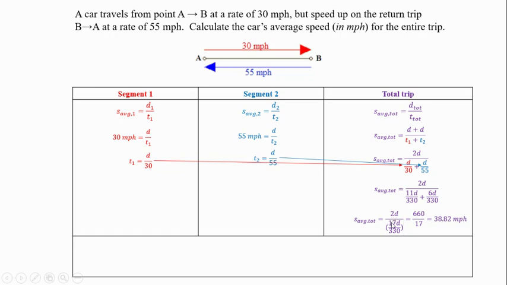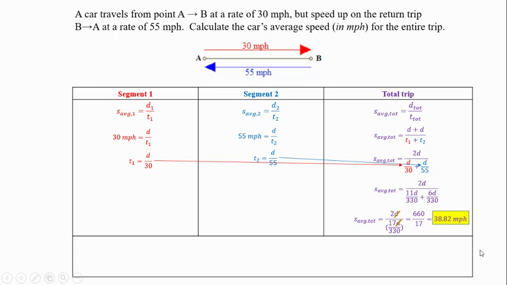So therefore 2 times 330 gives us 660, and then the 17 stays on the bottom. So if you do that properly there, you should get a value of about 38.82 miles per hour. So you notice here we started off with a bunch of unknowns, but you just have to learn how to start trimming things down and substituting quantities in for statements that are true or that you know.